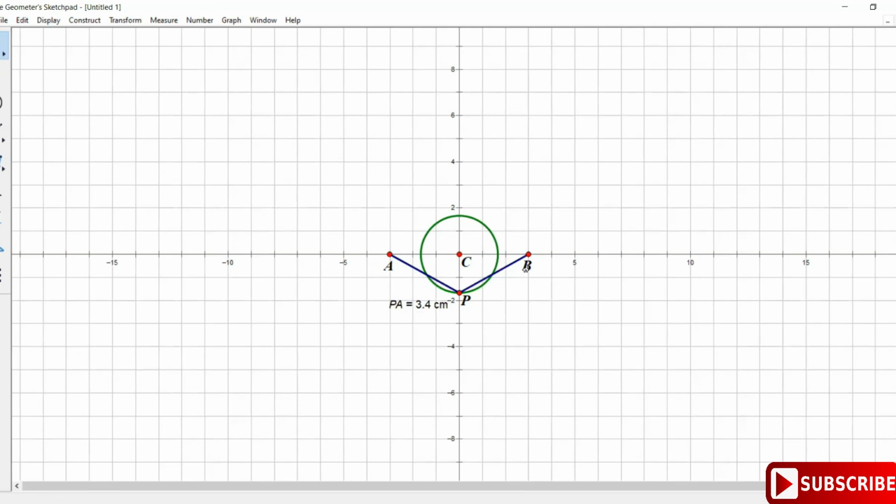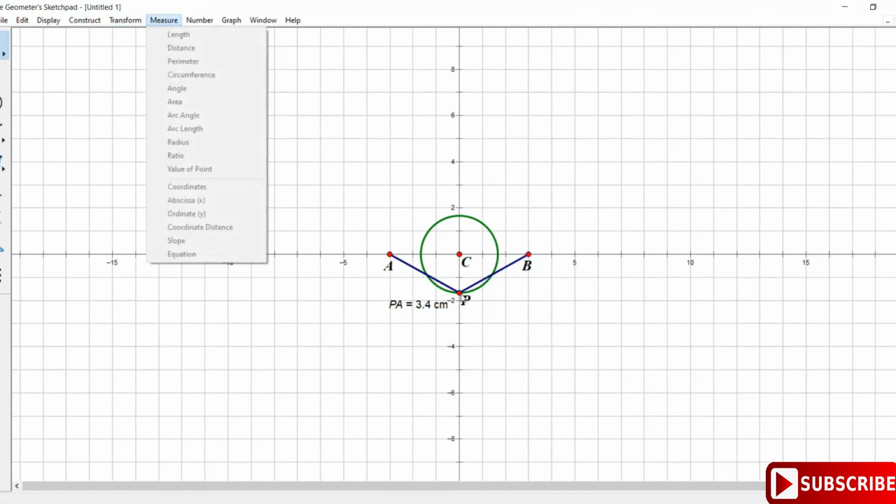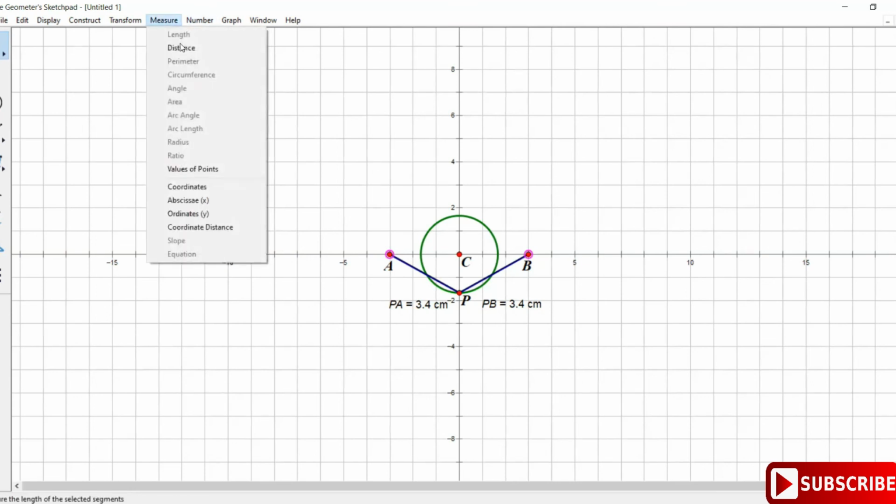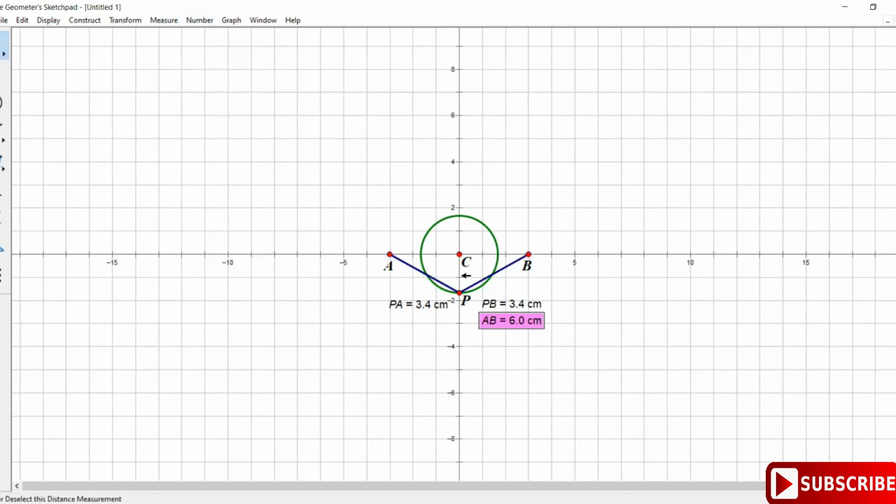All right, now I'm going to measure the distance from P to B. It's also going to be 3.4. Now we know that the distance from A to B is 6. We already know that.